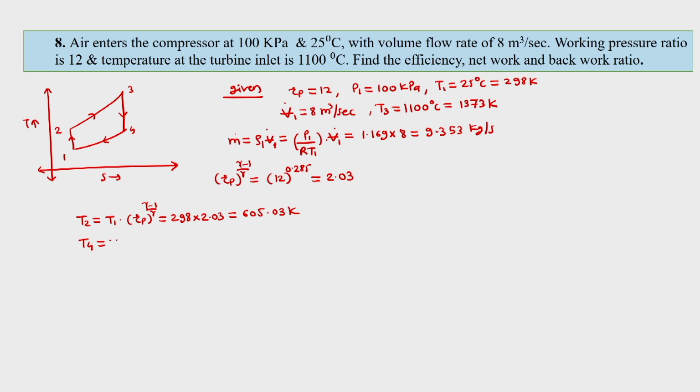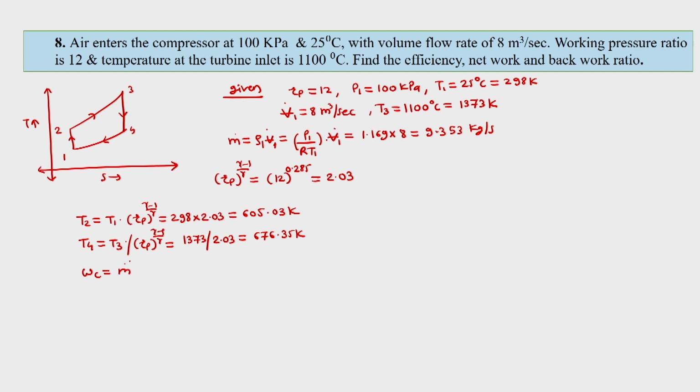Similarly, we will find out T4, which is T3 divided by Rp raised to (gamma minus 1) upon gamma. T3 is 1373, divided by 2.03, equal to 676.35 Kelvin.